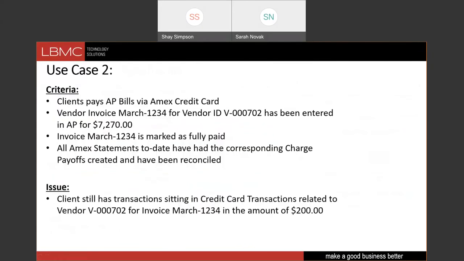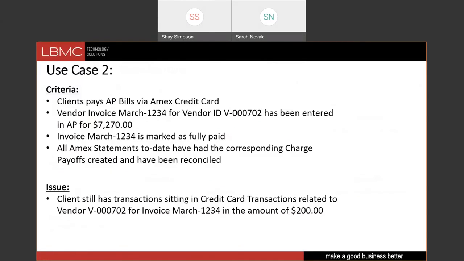So if we look at our second case scenario, again, this is for a client that came up here recently. In this case, our client pays their AP bills via an American Express card. They have this vendor invoice sitting out here, vendor invoice March 1234 for vendor ID 702.